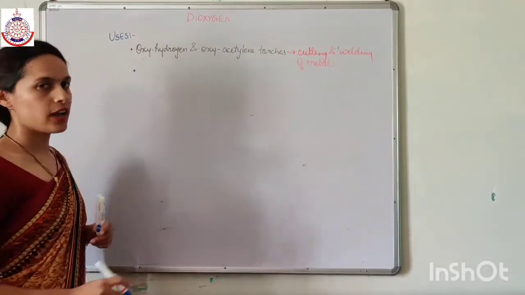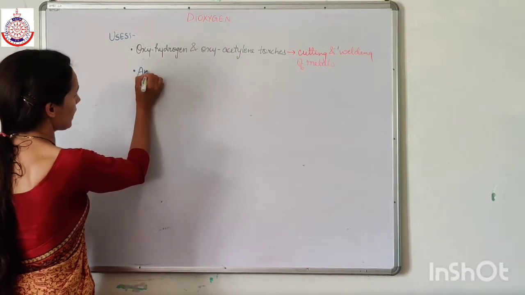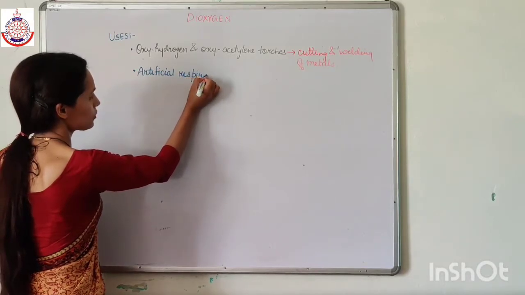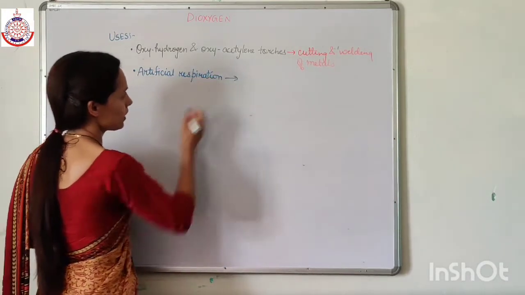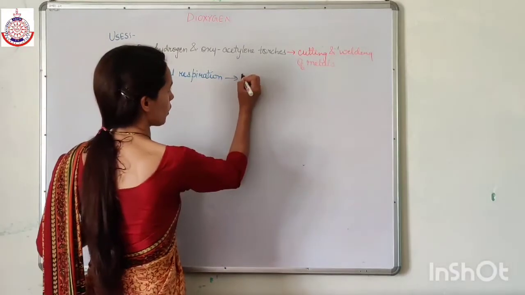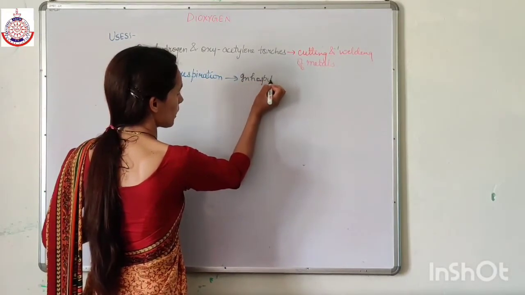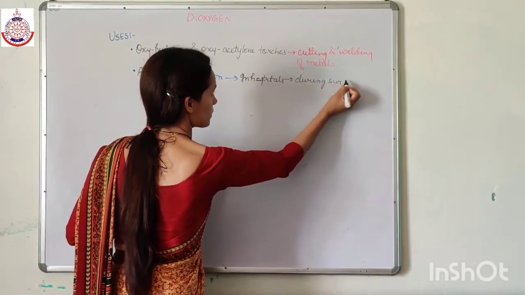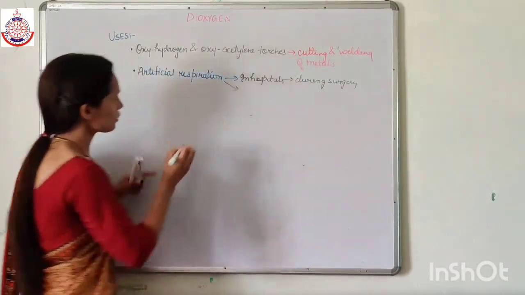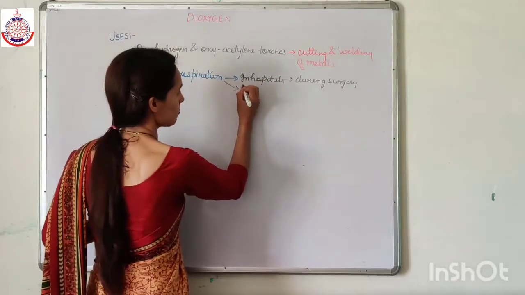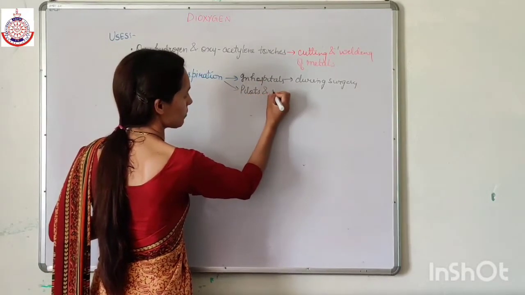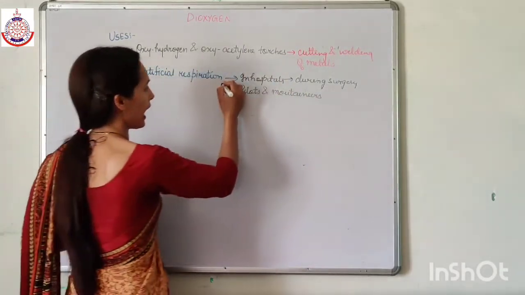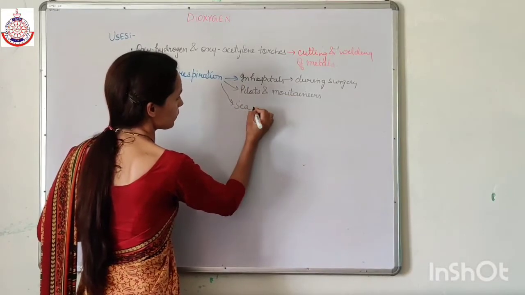The next use of dioxygen is in artificial respiration. It is used in artificial respiration in hospitals during surgery, or by pilots and mountaineers at high altitude, and also by sea divers.